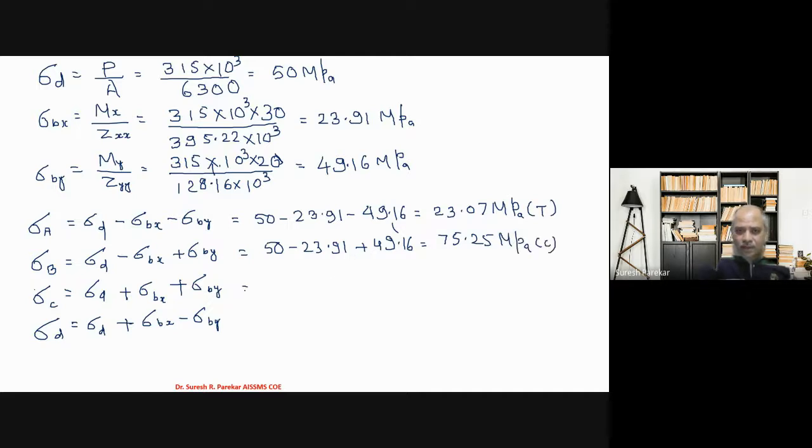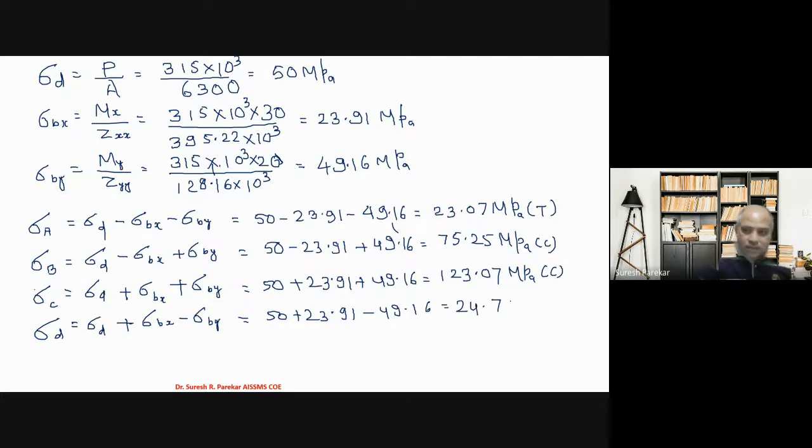Then we have all plus, 50 plus 23.91 plus 49.16, which will be equal to 123.07 MPa. Again we have this as compression. And third we have 50 plus 23.91 minus 49.16, and that will be equal to 24.75 MPa, and that is again compression.